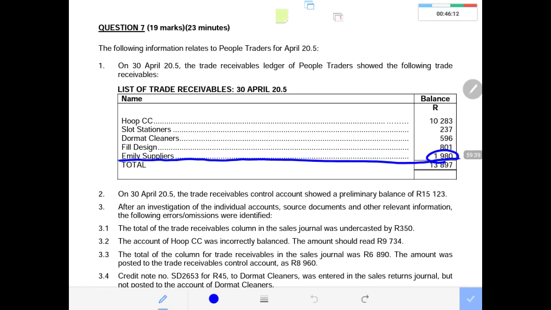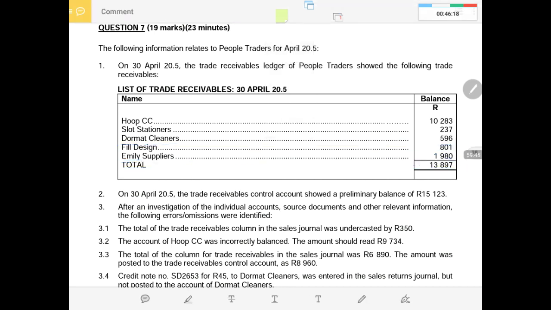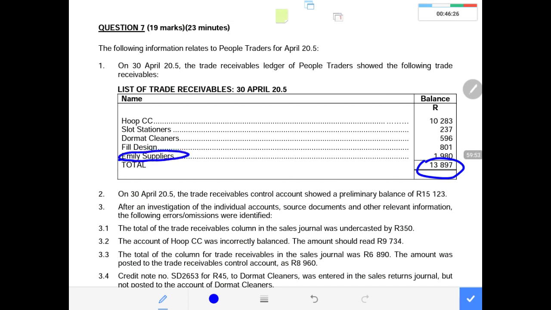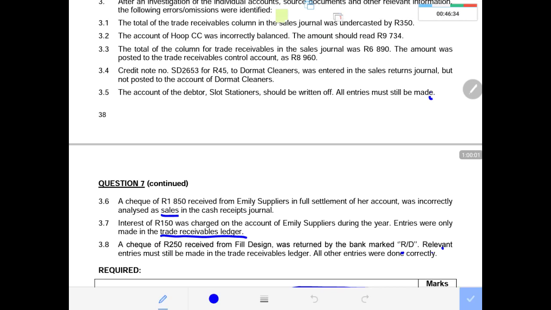So now that means it is already accounted in our total list of debtors of 13,897. So it's already included here because it was recorded correctly in the account of the customer and would have been transferred correctly in the list of debtors unless it was stated otherwise. So now it was recorded very well in the entries that were only made in the trade receivables ledger.